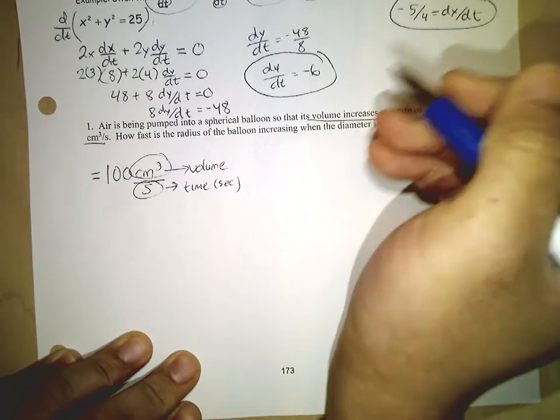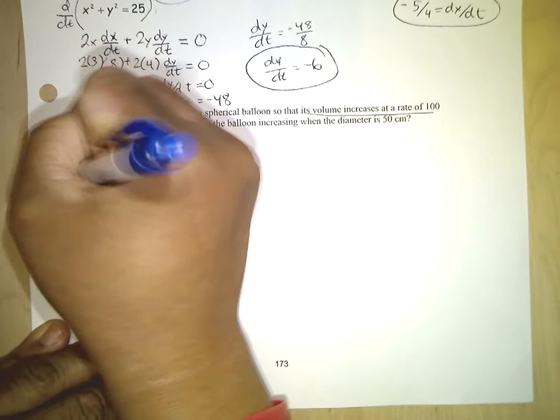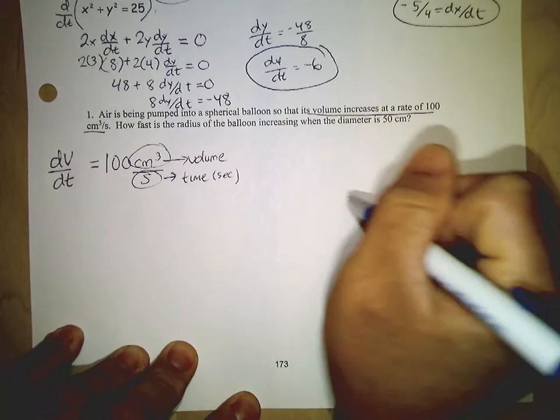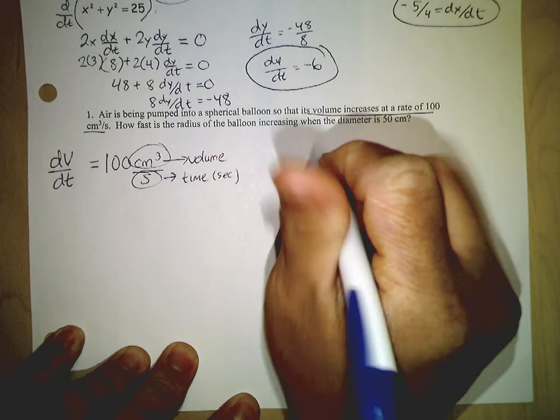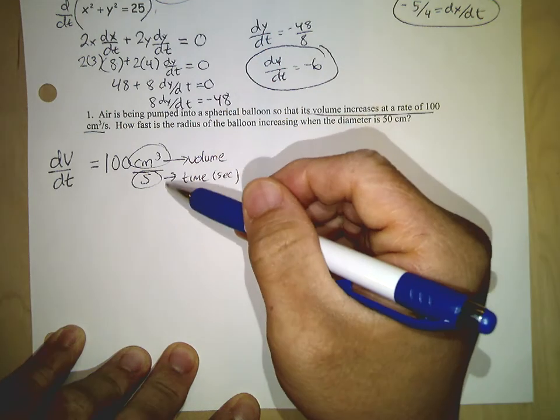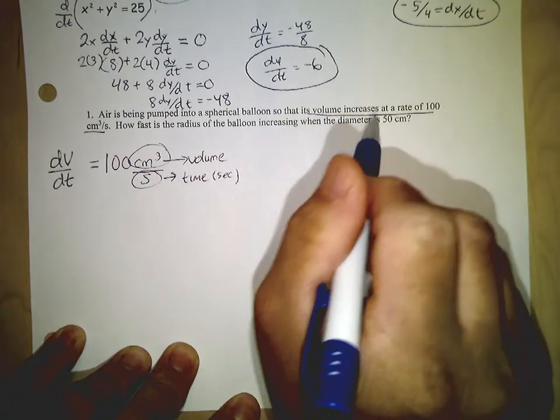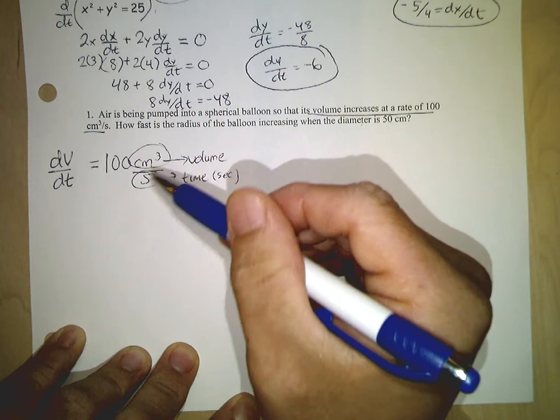So a good notation for this would be dV/dt. It describes how the air being pumped into the balloon is changing, so that the volume of the balloon is changing at this rate.